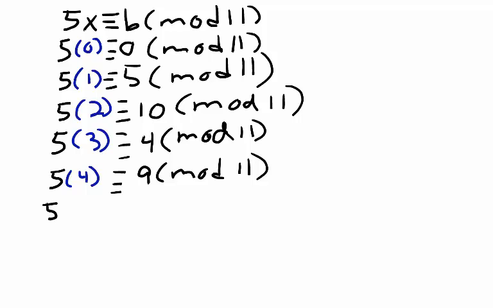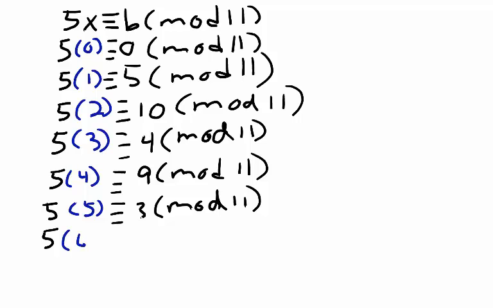Next, we have 5 times 5. This is congruent to 3 mod 11. Then we have 5 times 6. This is congruent to 8 mod 11.